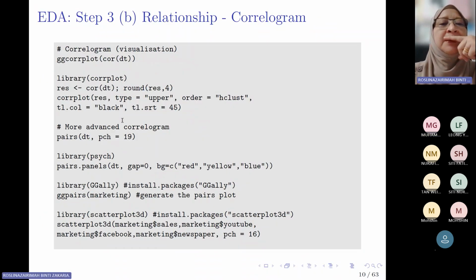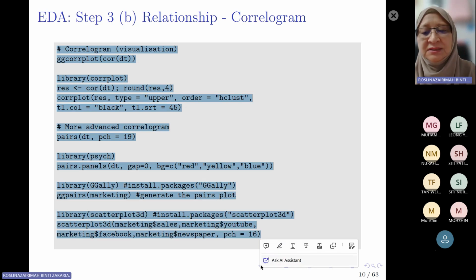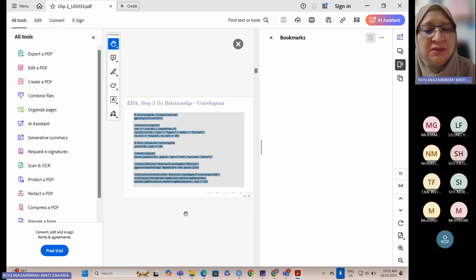Okay, next, this is interesting. We want to see how we plot this relationship. Just now, it was just numerical values. You need to install quite a number of packages for this.